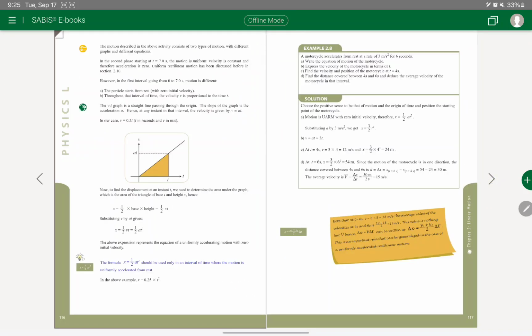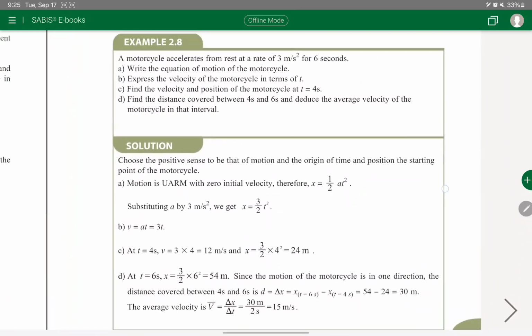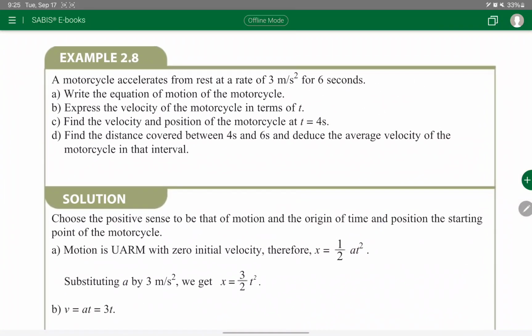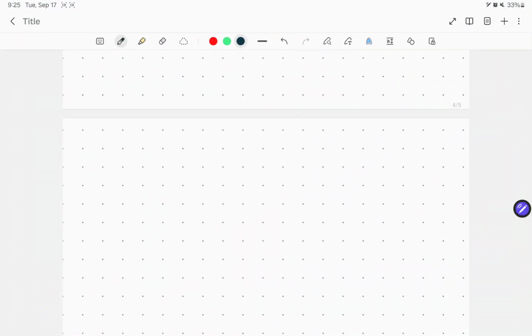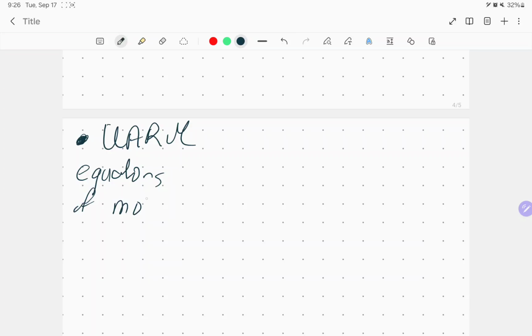Now we're also going to introduce something called equations of motion, new equations of motion for UARM. I have to know what equations of motion we have. The first equation of motion is x equal to half at squared.